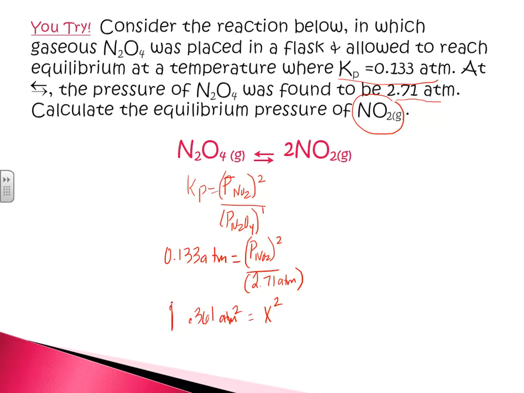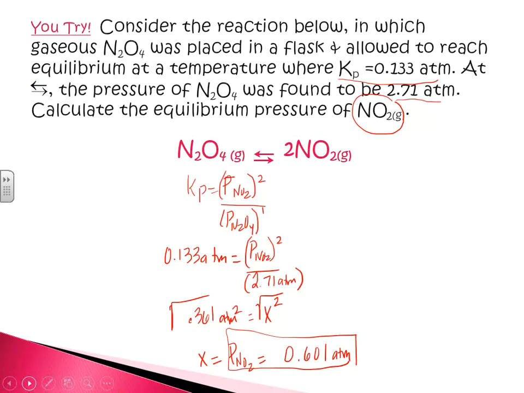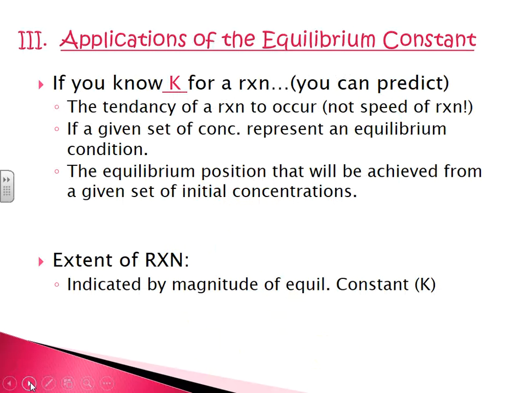So we need to take the square root of both sides. That's going to give us, for the partial pressure of NO2, our x value, 0.601 atmospheres. That's how we can use our law of mass action to solve. That will end the lessons for this section of notes.